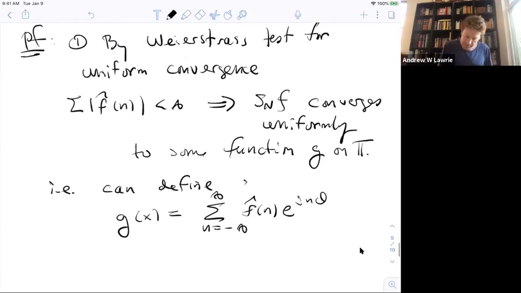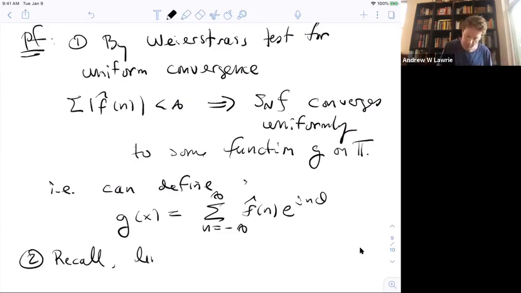The second part of the proof is, recall, the uniform limit of a sequence of continuous functions is continuous. Since each of the partial sums S_N f is continuous, they're trig polynomials, and they converge uniformly, the limit is also continuous.